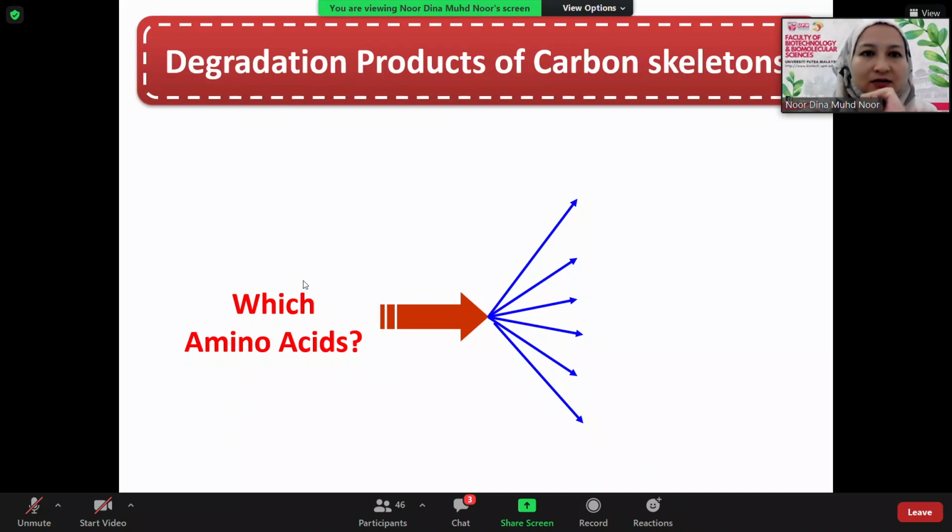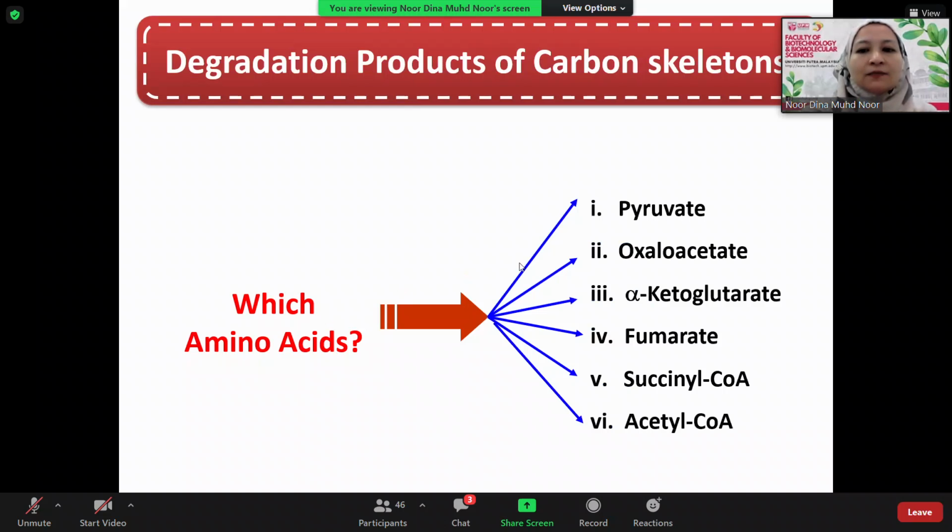And these are the degradation products of carbon skeletons, which are the amino acids. Which amino acids produce which intermediates? We have discussed earlier that these amino acids can be degraded into intermediates such as pyruvate, oxaloacetate, fumarate, and acetyl-CoA.